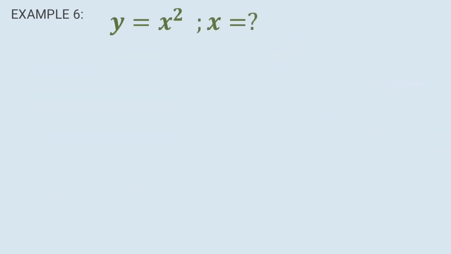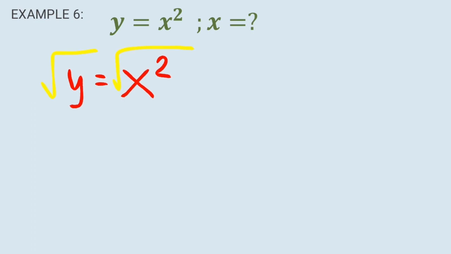Example 6 is y is equal to x squared, and we're looking for x. Here we all know that x has a square. It is raised to 2. So how are we going to eliminate that one? By applying the same process, we write y is equal to x squared, and we take the square root of both sides.